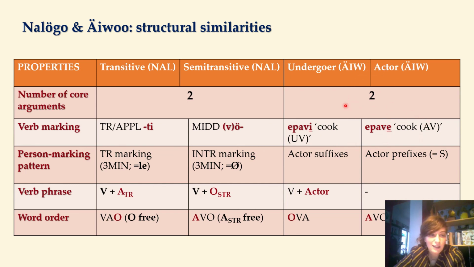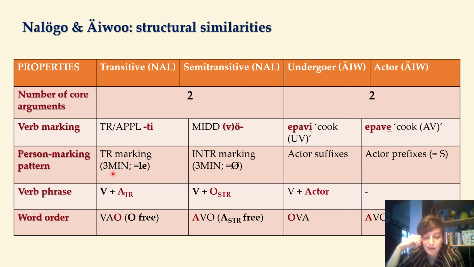In terms of verb phrase, in Nalogo there are two verb phrases in the transitive and the semitransitive clause with different properties, while in Aiwoo we find only one verb phrase in the undergoer voice where the actor forms a unit with the verb. But the structure of this verb phrase is very similar to the one found in the transitive clause in Nalogo.